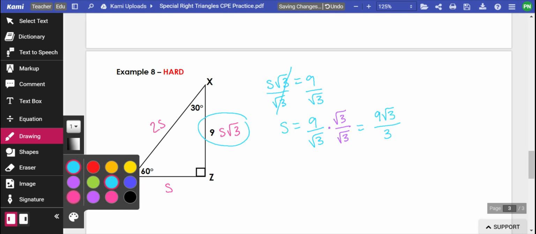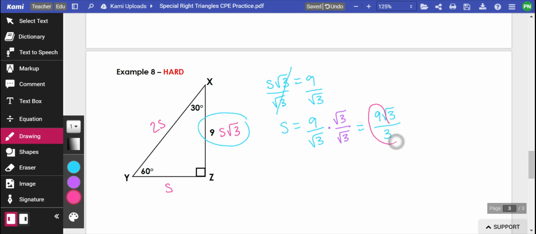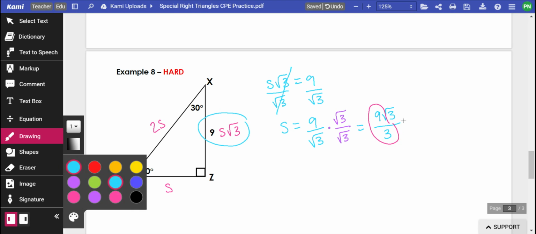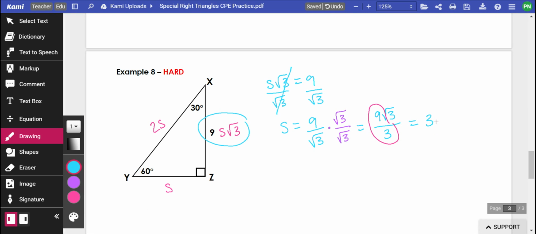And then we can see that that part simplifies. 9 divided by 3 is just 3 times the square root of 3. So again, this is the value for s. So that's 3 radical 3. And now we want to plug back in.